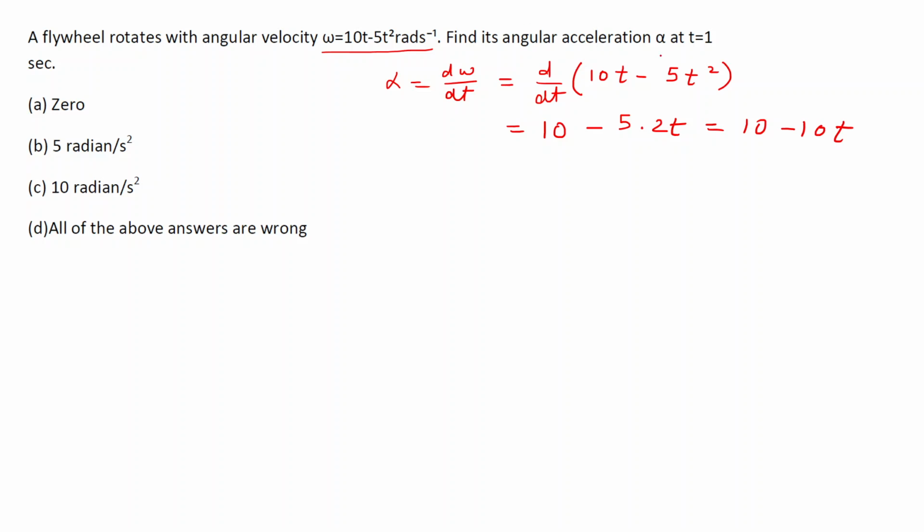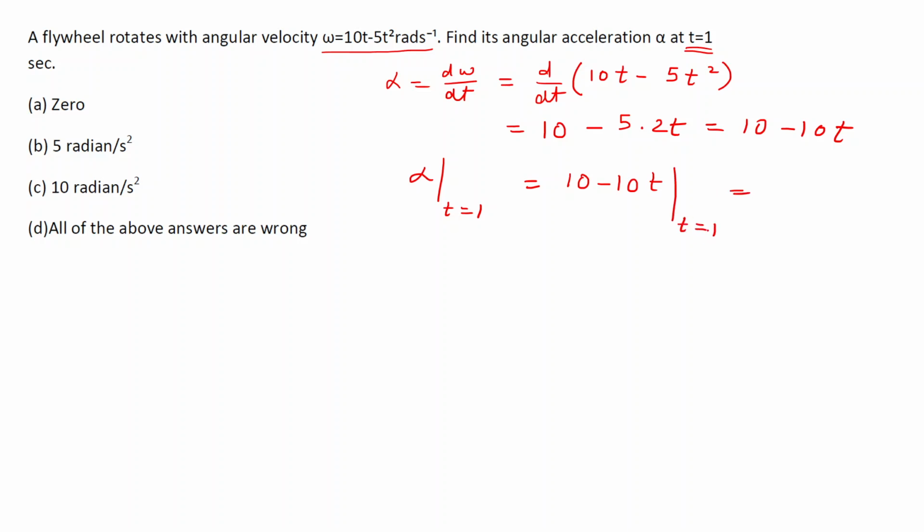Now we need to find the angular acceleration at t equal to 1. When we took the derivative we got this expression, right? So we need to find the value of this at t equal to 1.